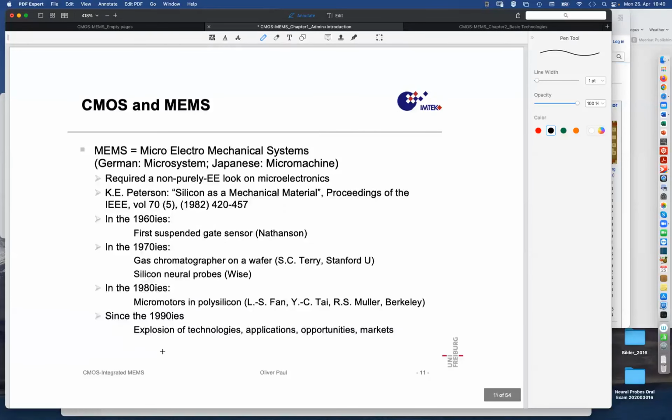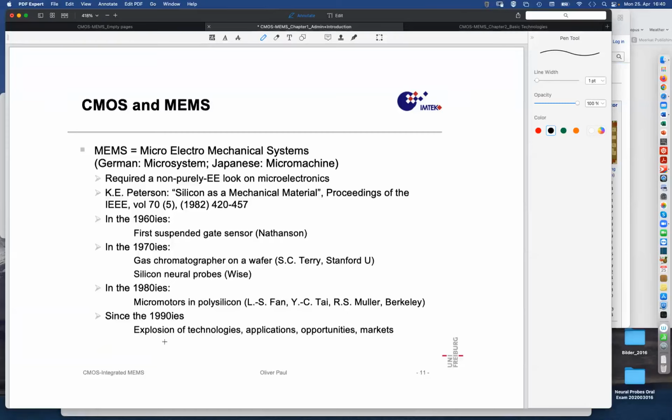Okay, so what is the history of MEMS? Actually, MEMS was, I would say, pretty much invented in the United States, by people who worked in the microelectronics industry. Some curious minds who said, okay, can't we make other things with what we have here than just ones and zeros or analog circuitry?